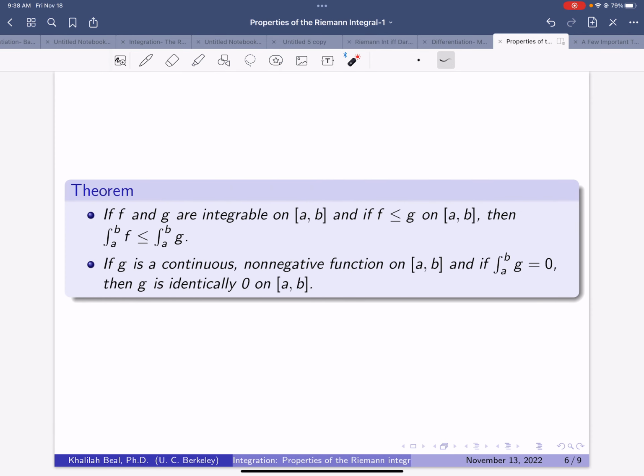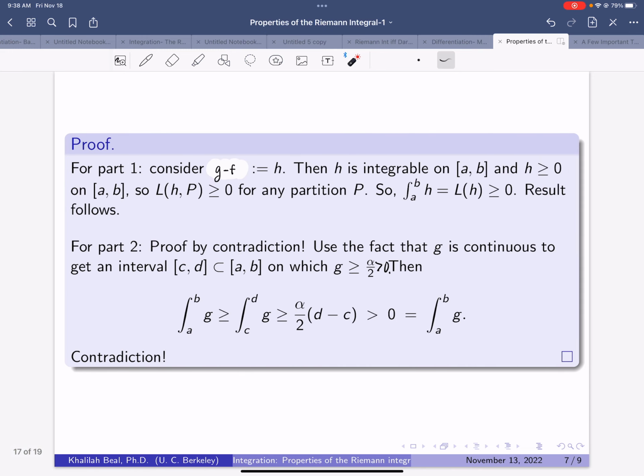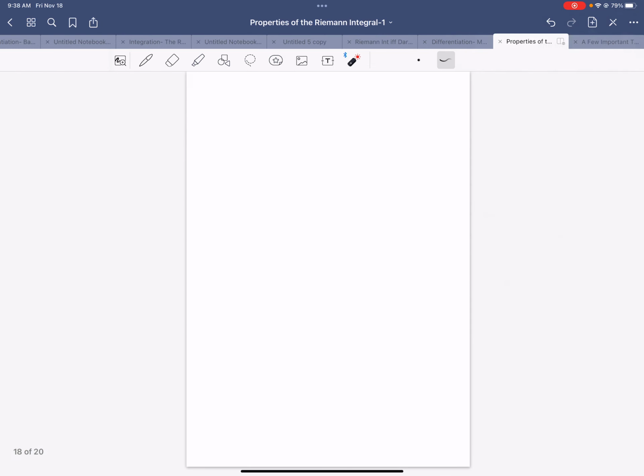So the next theorem here is a way to compare functions or integrals of functions that are ordered. So our hypothesis is that f is less than or equal to g. They're both Riemann integrable. The claim is that the integral of f is less than or equal to the integral of g. So let's look at that one first. And I've kind of sketched it out here for you.